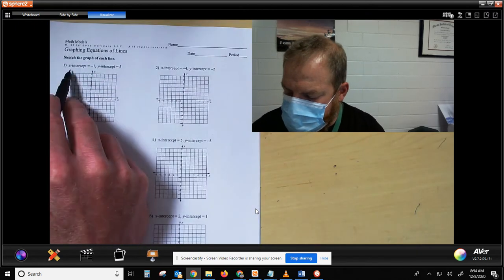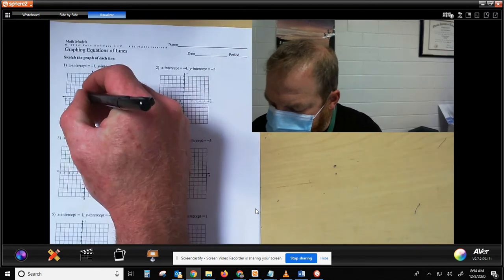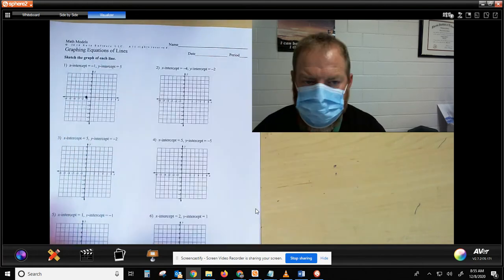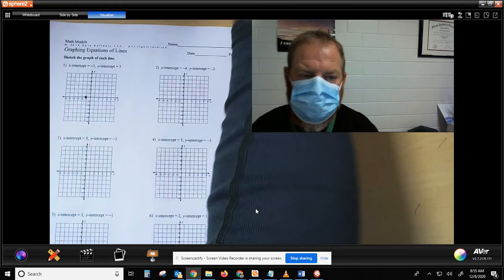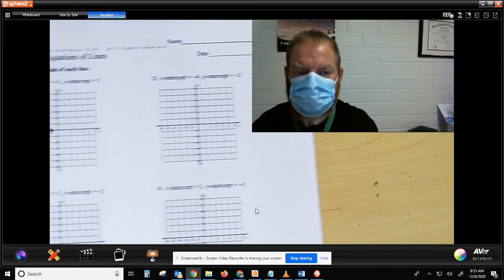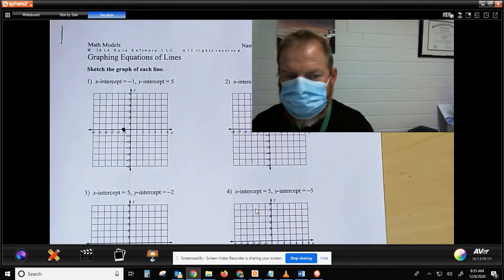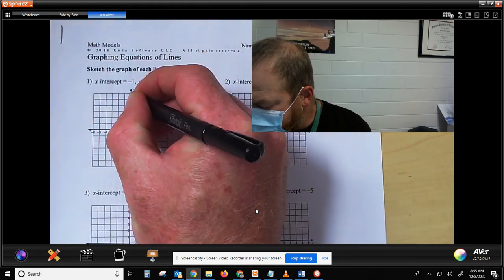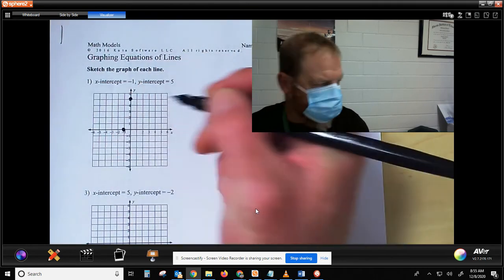If this says my x-intercept is -1, I'll zoom in a little bit. That just means that a line crosses the x-axis at -1. If it says my y-intercept is 5, then I go to 5 on the y-axis.